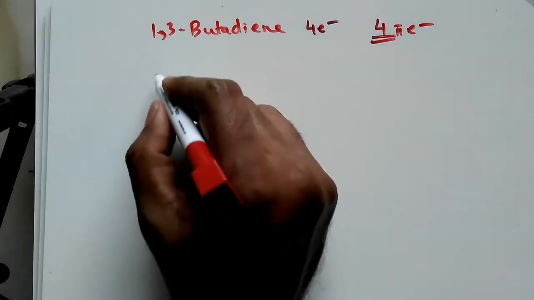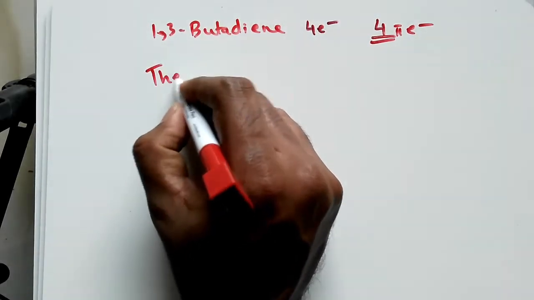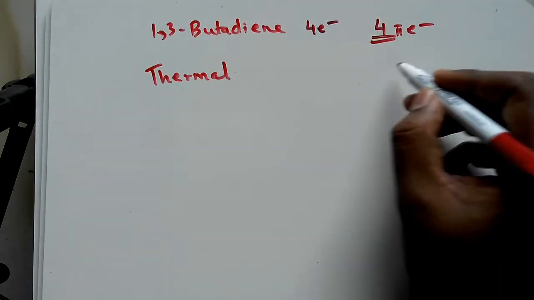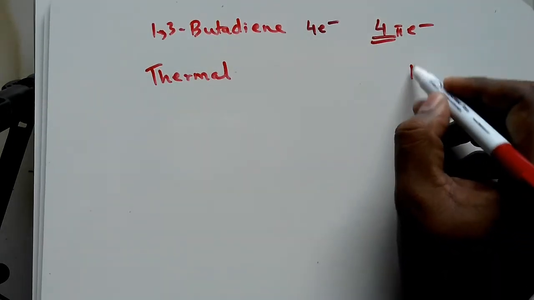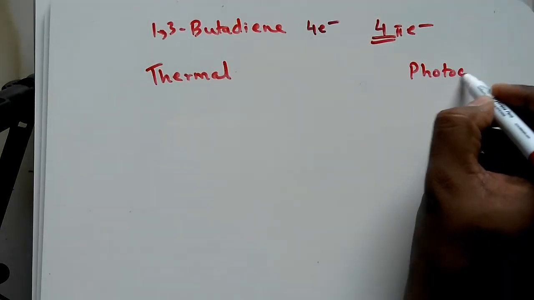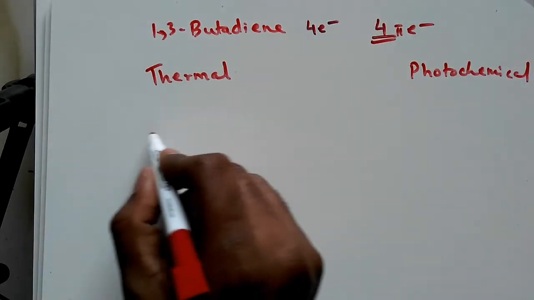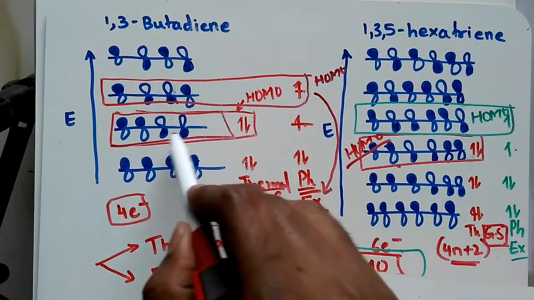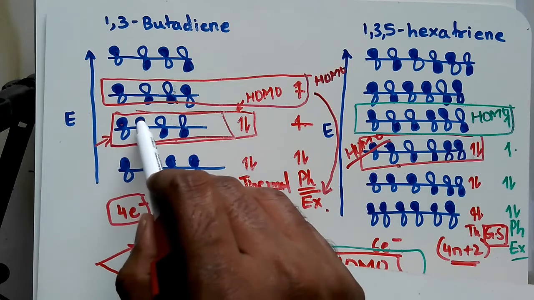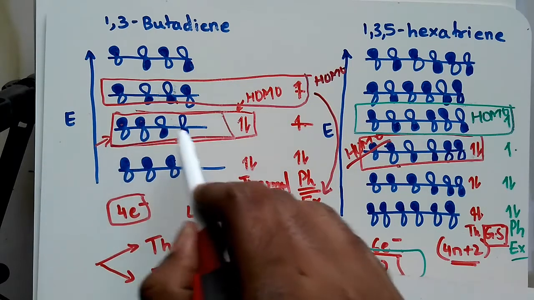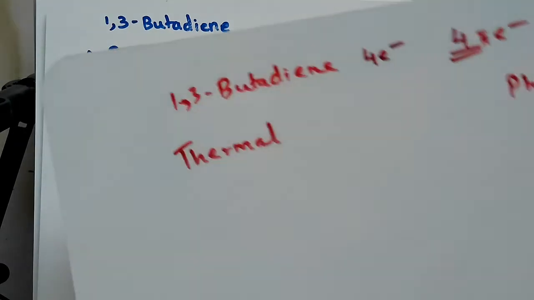Okay, and now the next thing: in thermal condition, and here it will be photochemical condition. In thermal condition, the HOMO is this part, 2 lobes with 2 phases here, and 2 phases on the opposite side.